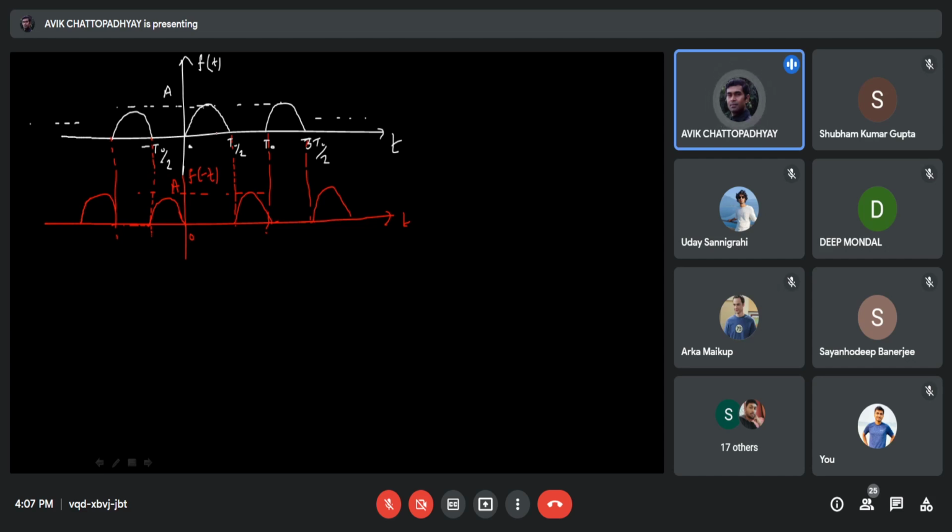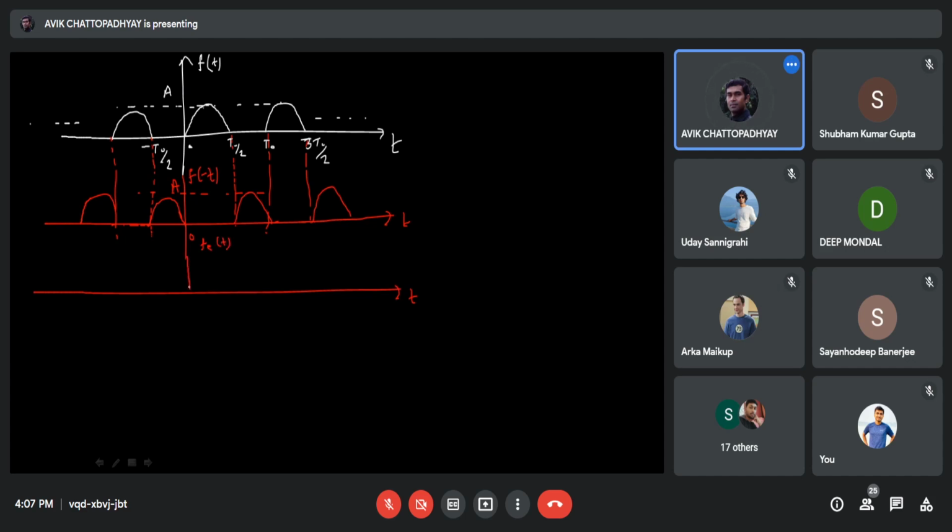Now, what do you have to do to get f of e? Just add these two and divide by 2. If you add these two and divide by 2, what will the shape of the signal be? It is f of e, the even part.